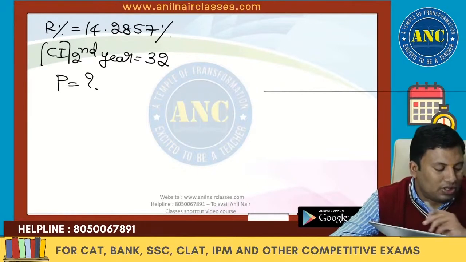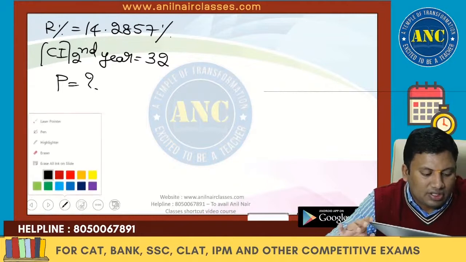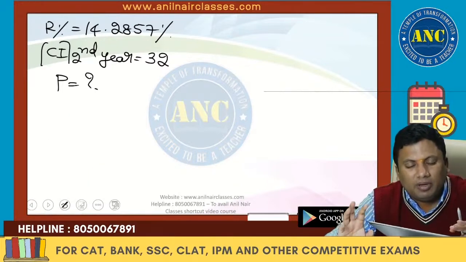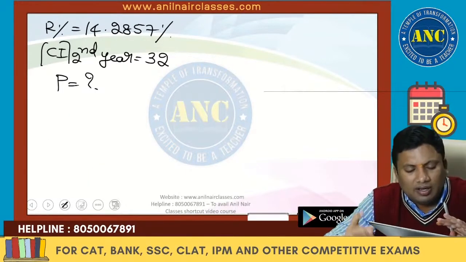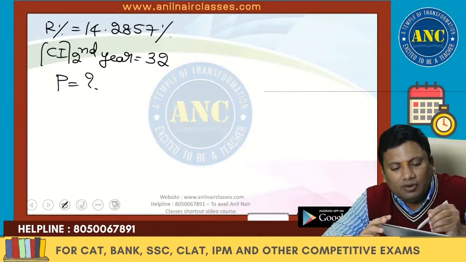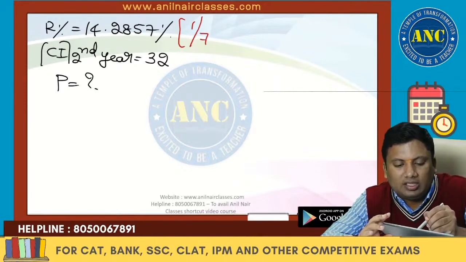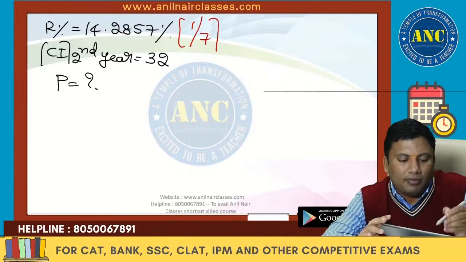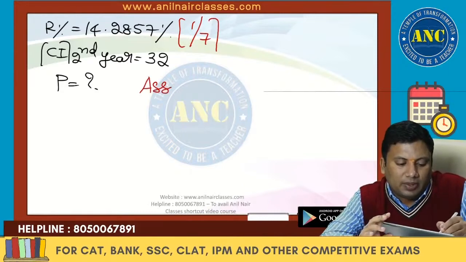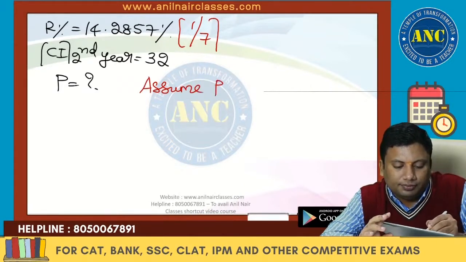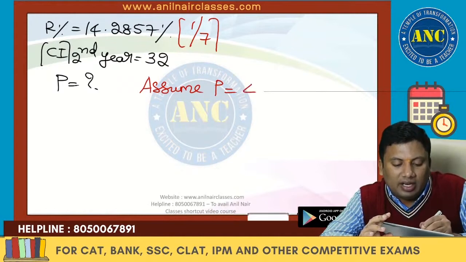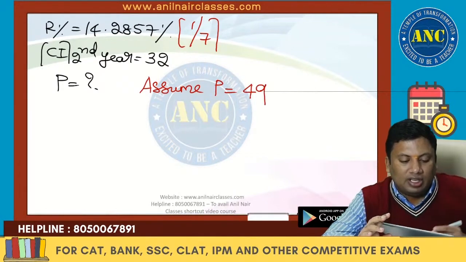Principal is how much? First I am taking 1 by denominator, then I will do numerator other than 1 value. This is 1 by 7. So assume principal equivalent to denominator power k. 7 square is 49.